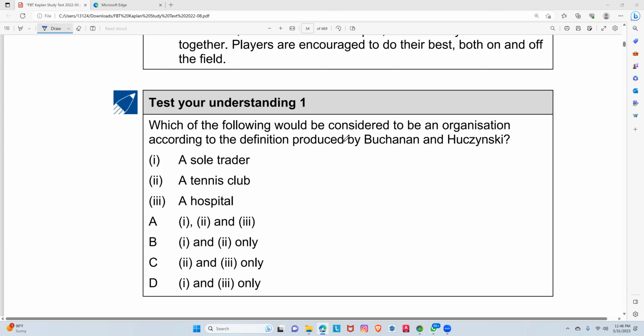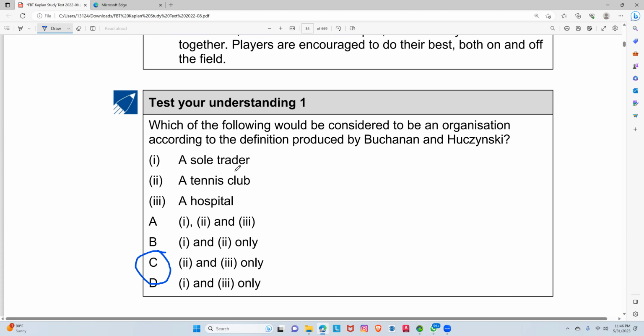So the right answer here, I think, is 2 and 3 only. क्यों? क्योंकि एक सोल ट्रेडर जो होता है, he does not have more people to work with him or her. तो एक सोल ट्रेडर cannot be an organization. अब अगर एक सोल ट्रेडर लोगों को हायर करता है और जॉब्स देकर आगे अपना बिजनेस बढ़ाता है, then it becomes an organization.